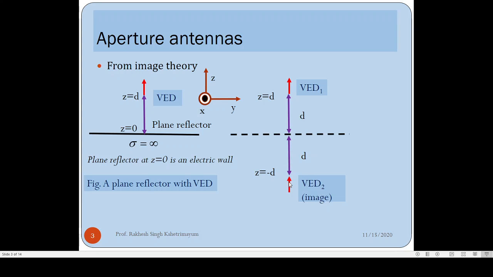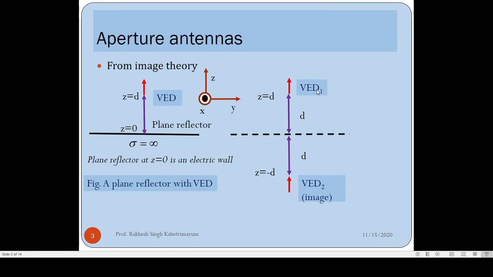Then the effect of this image would provide the same boundary conditions at z equal to 0 where your plane reflector was existing. So this plane reflector effect can be replaced by another vertical electric dipole located at z equal to minus d. This is the image. So you are already familiar with the method of images now.